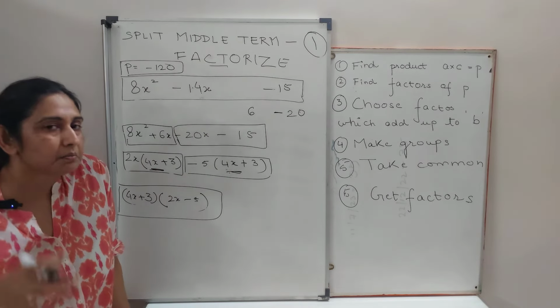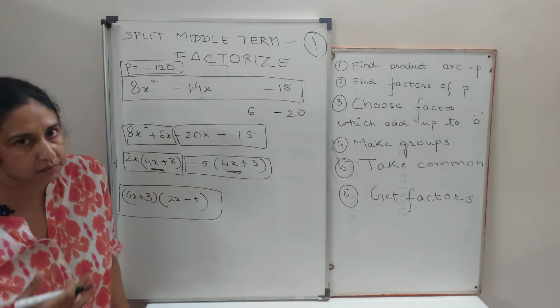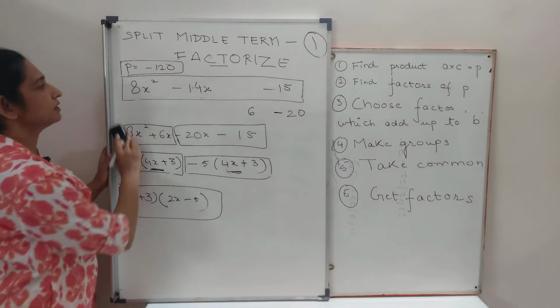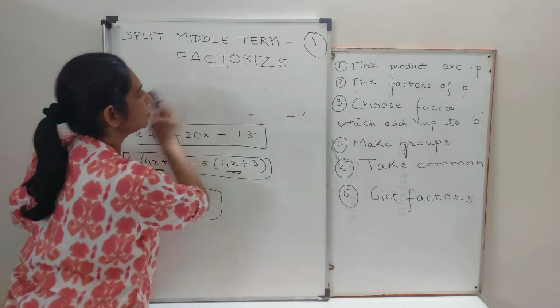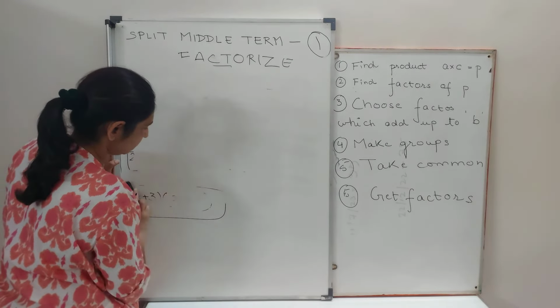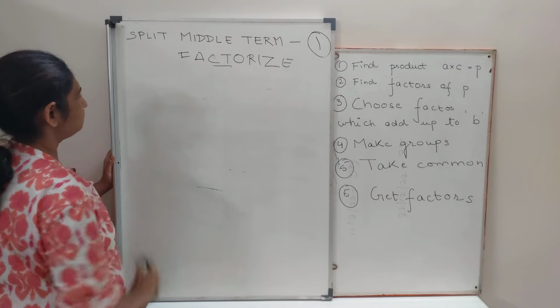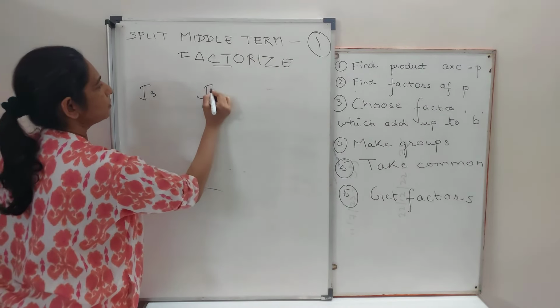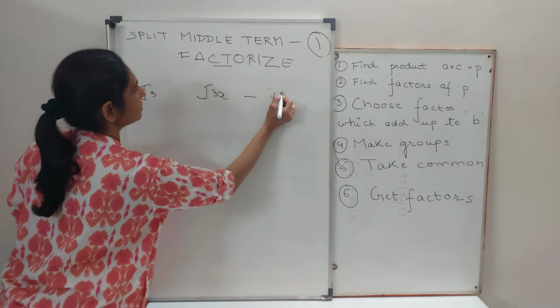Now this was the simple basics of middle term splitting. In episode 2, we'll take up the more difficult ones, which children usually find difficult, something like when you have root 3, something root 3x minus 15.